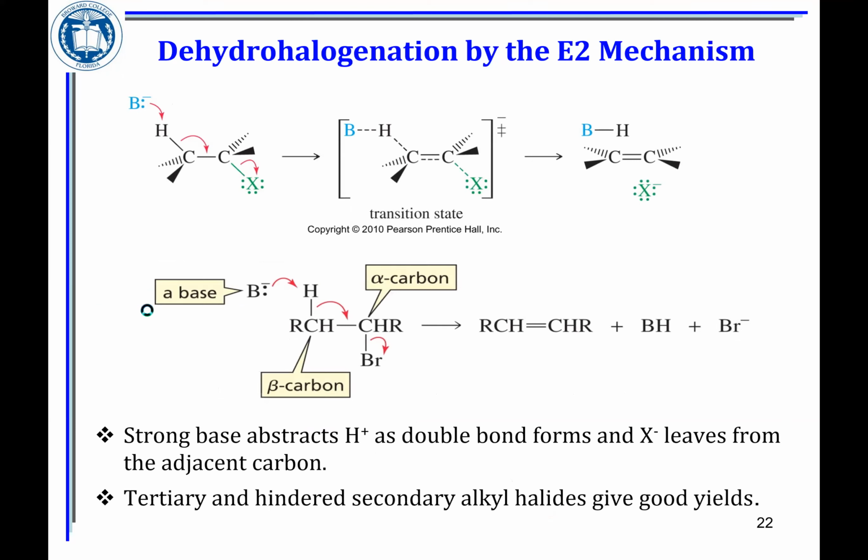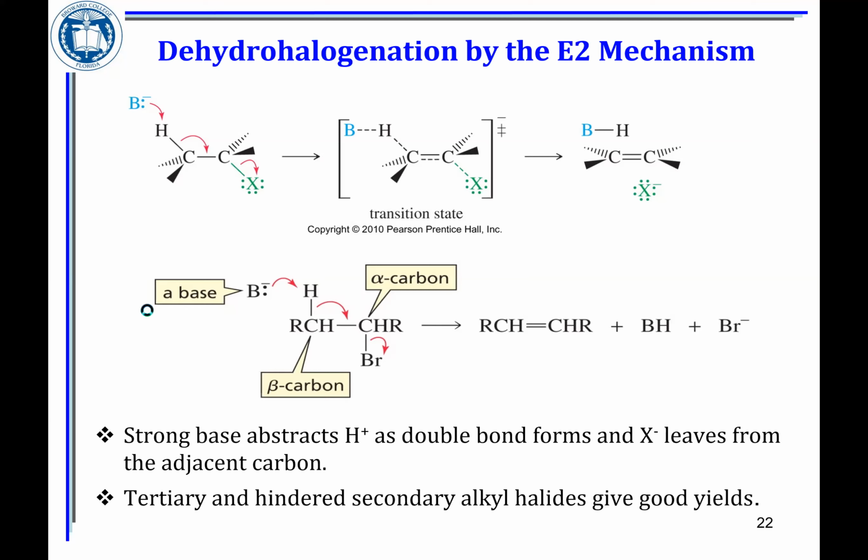And for elimination, the leaving group from the alkyl halide would leave, and you bring a base to remove hydrogen from the beta carbon. Now, if the base that you are bringing is a bulky base, it would go for the least substituted hydrogen.